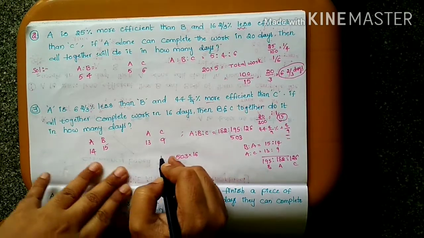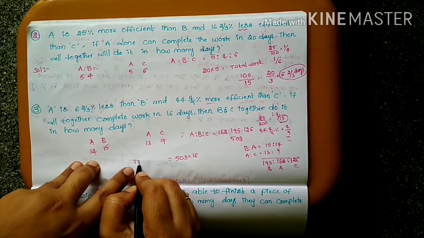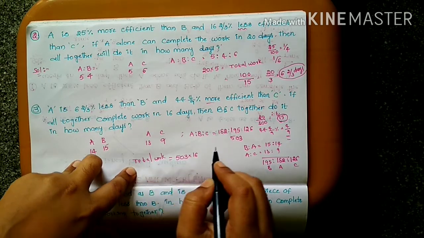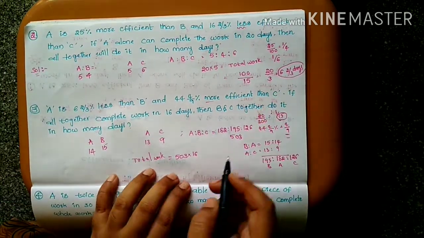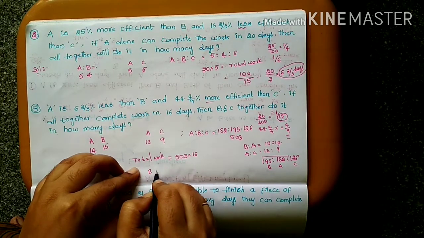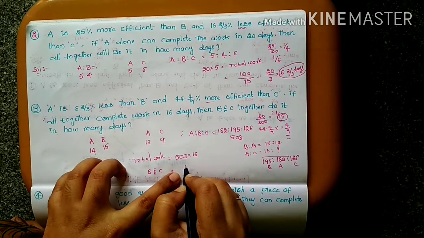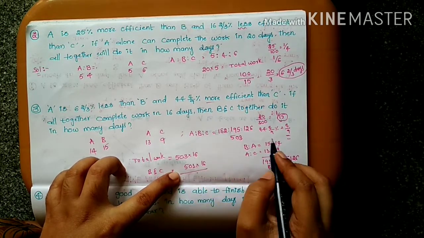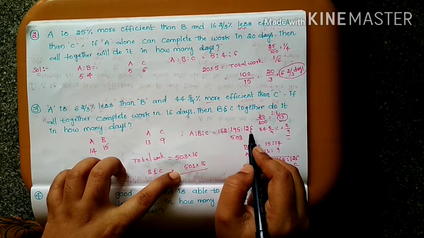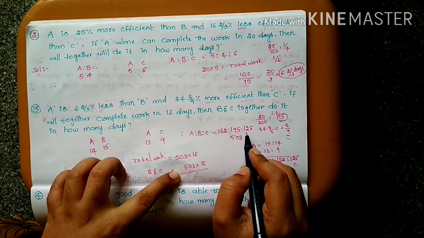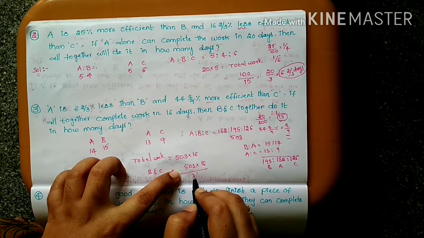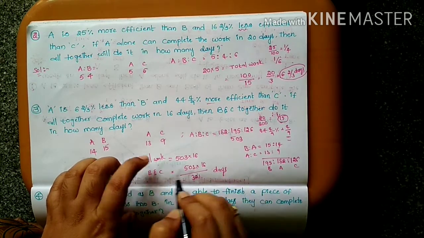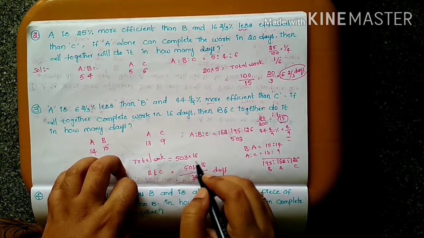This is the total work. How many days for B and C? B and C is equal to 503 into 16 by B and C, how much? After cancellation, B and C together take these days.